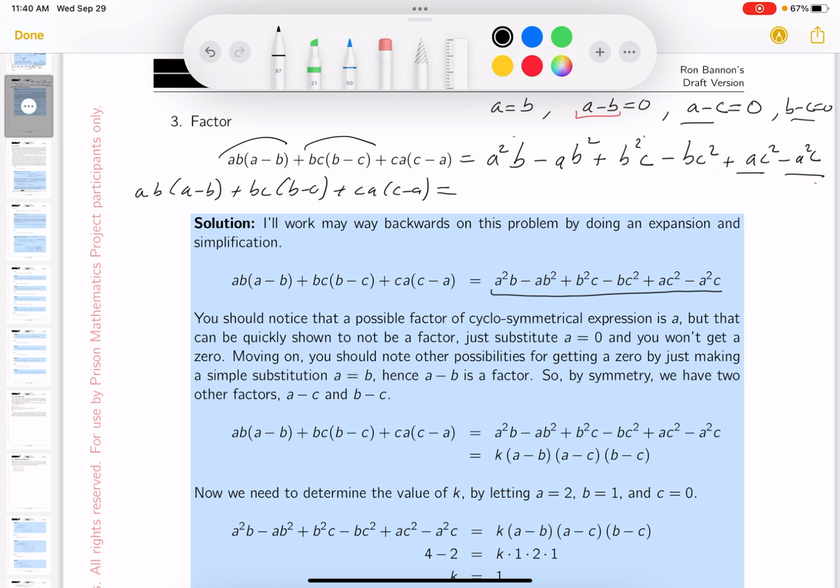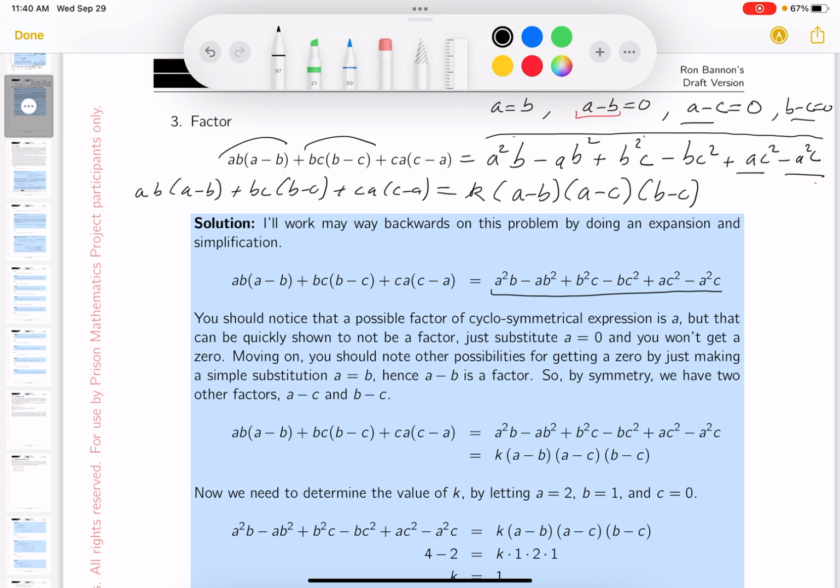So let me write this down. I'm going to see if this kind of works out, if there's any missing factors in the problem. So I'm going to say A minus B, A minus C, B minus C. And what I'm expecting to get, which is A squareds and a B, yeah, I'd get it. I'd get all these things over here. I'd get them all. I just don't know what the K is.